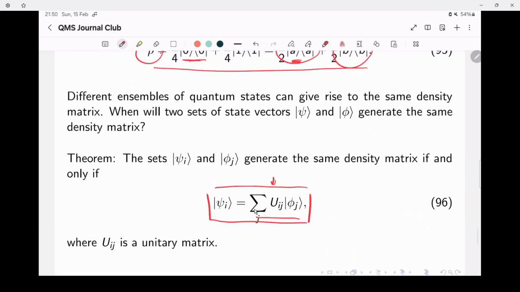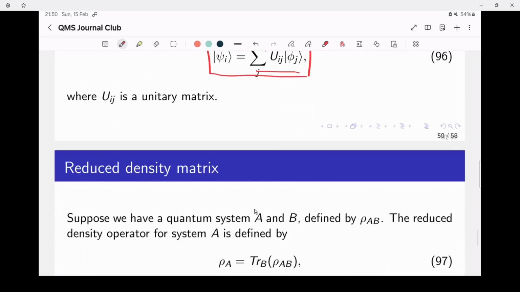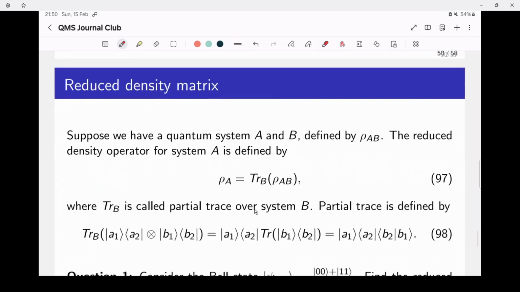So here we covered all the postulates. What is more important is the reduced density matrix. This is where I want to spend slightly more time. So suppose you have quantum systems A and B, and they are given by the density matrix rho AB. So the reduced density operator for system A, let's say your A here, this is your B here.